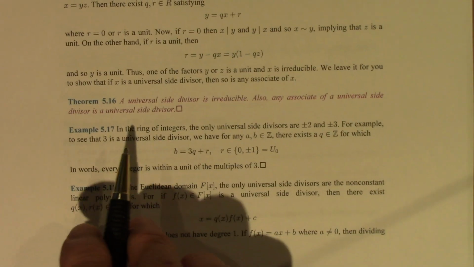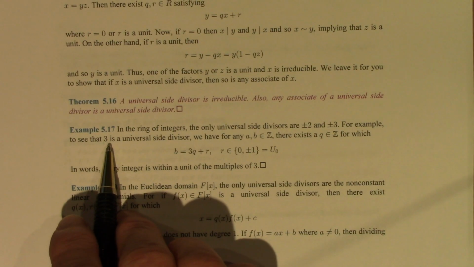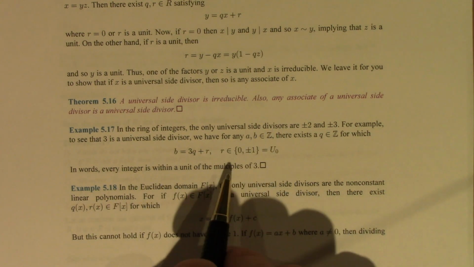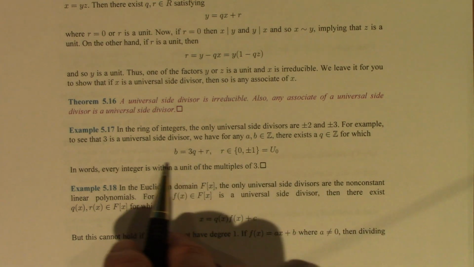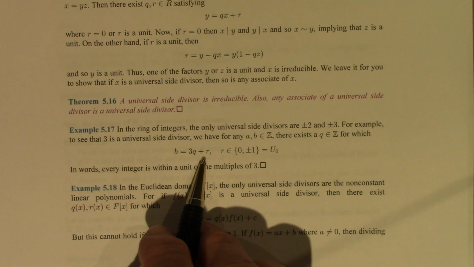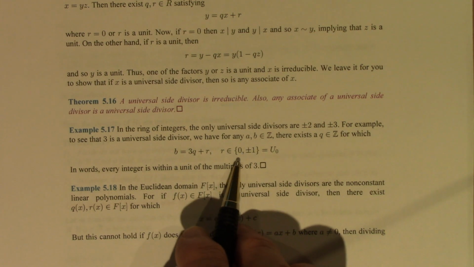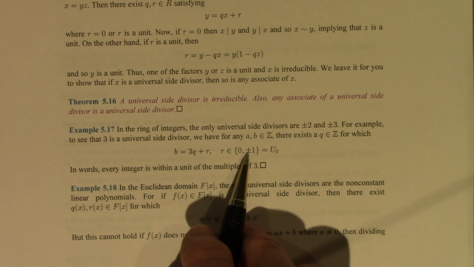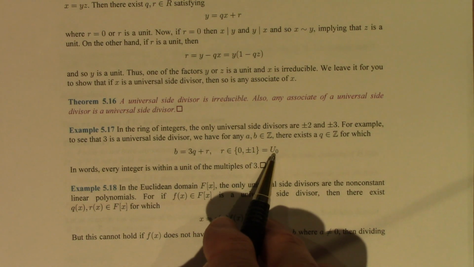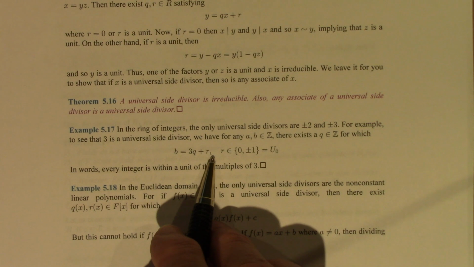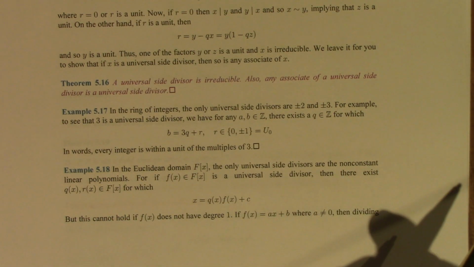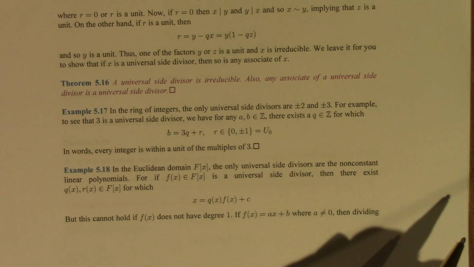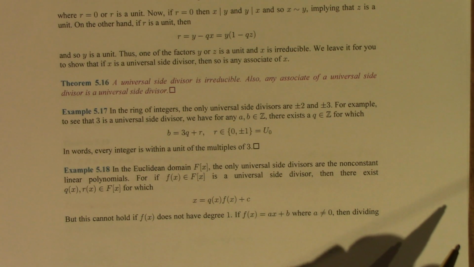To illustrate that 3 is a universal side divisor, for any B in Z, there's a Q for which B equals 3Q plus R, where R is either 0 or positive or negative 1, and that is U0. And I'll let you ponder that. It says in words that every integer is within a unit of the multiples of 3.